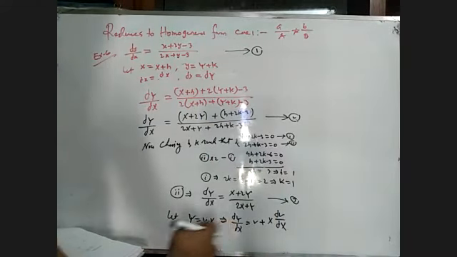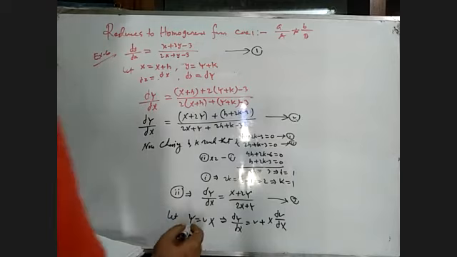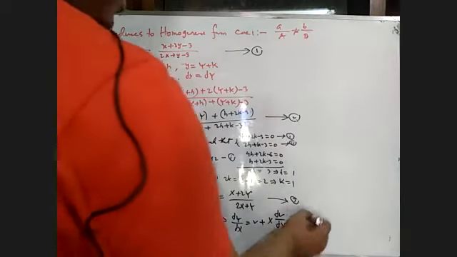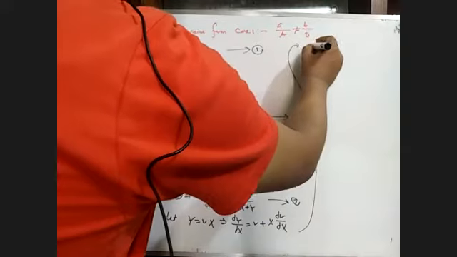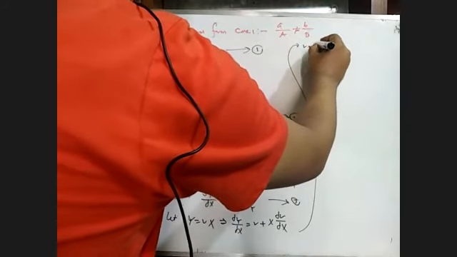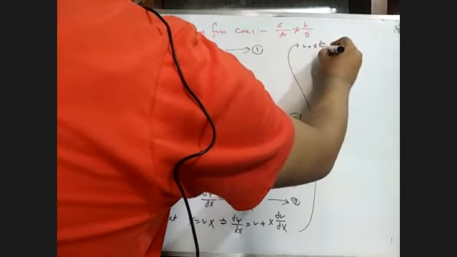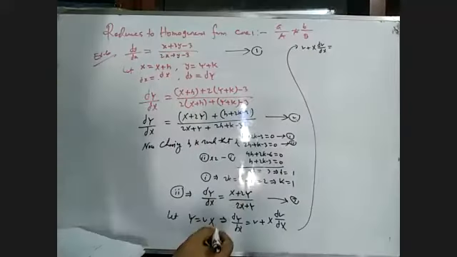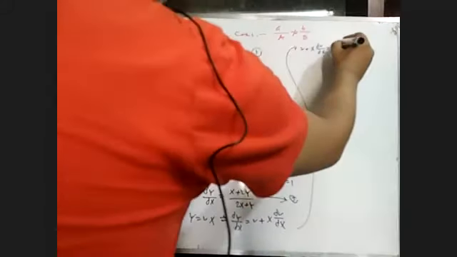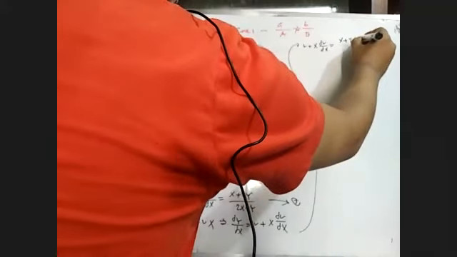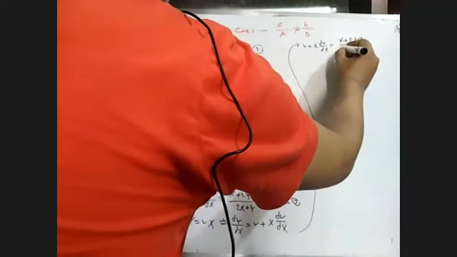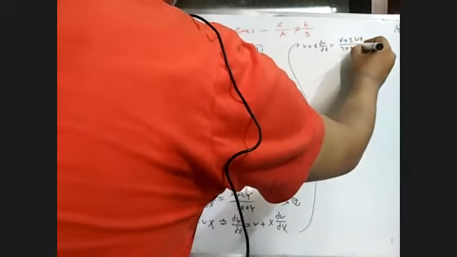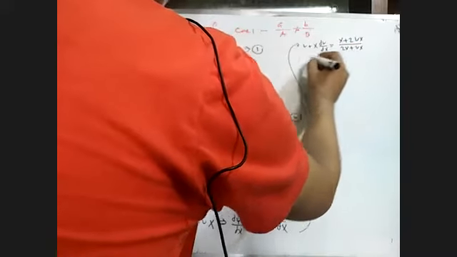But remember, the variables will be capital. So after this line, we can write v plus X dv/dX equals, with Y equals vX, (X plus 2vX) divided by (2X plus vX).